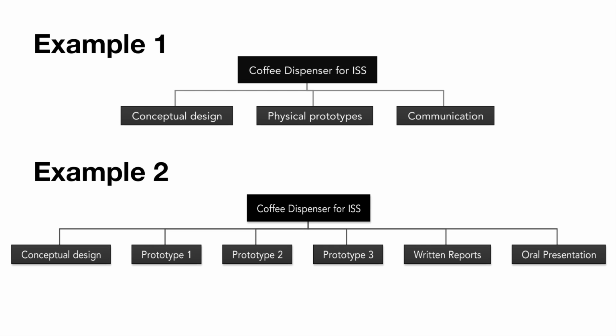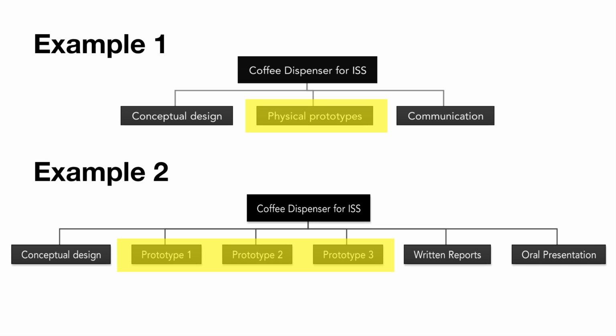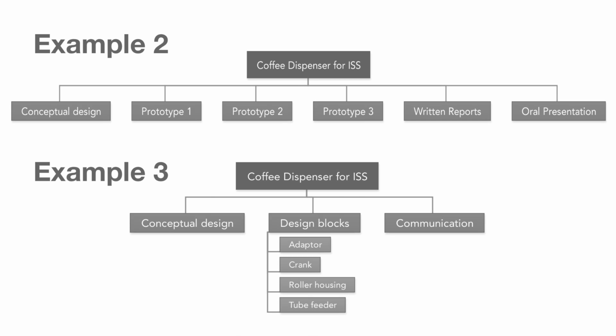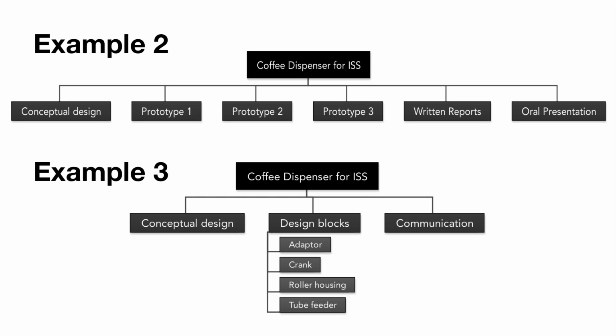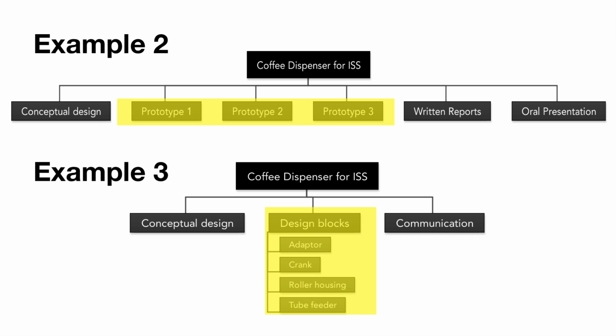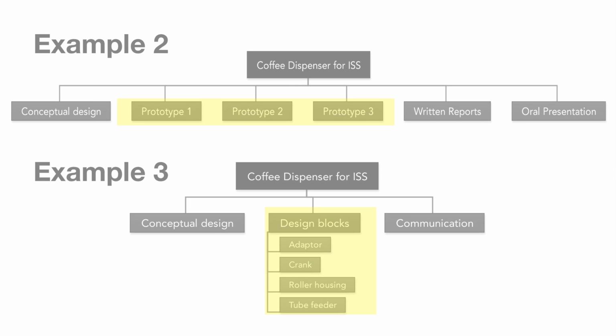Comparing example 1 to example 2, you see that in example 2, the sequential prototypes 1, 2, and 3 are each listed as major tasks, whereas in example 1, only one major task of prototype is given. In example 2, the sequential iterative prototypes of 1, 2, and 3 are given, whereas in example 3, the design blocks of adapter, crank, roller housing, and tube feeder comprise the major tasks.